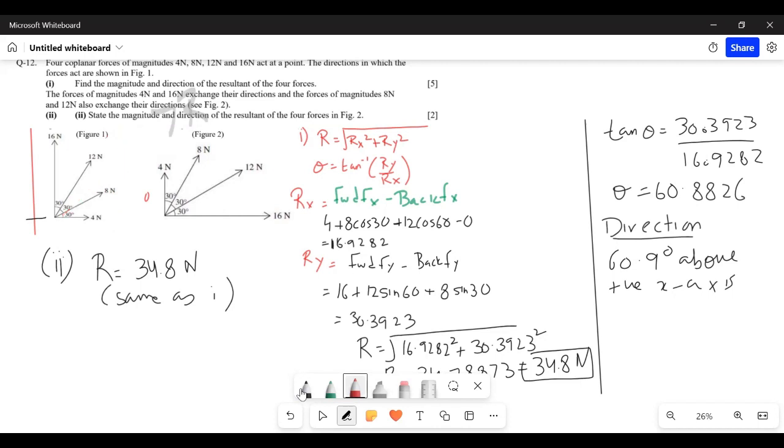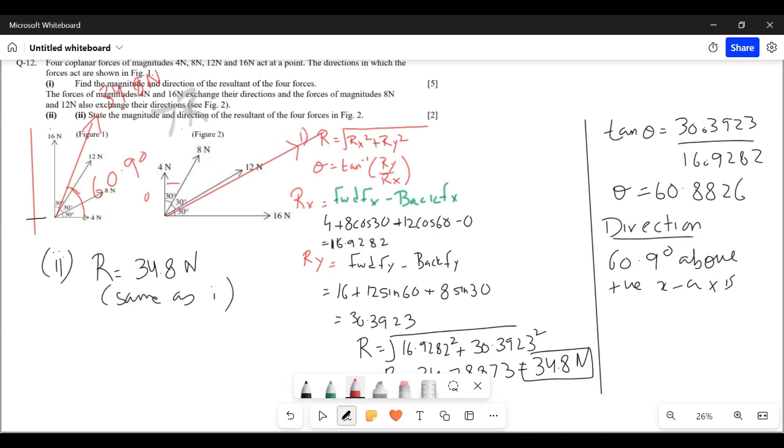Let me draw R again. It will be somewhere here, since 60.9 is bigger than 60. So somewhere over here. This is 60.9 degrees. And the magnitude is 34.8 newtons. Notice that this 60.9 degrees was being made with the 4 Newton force. So now also the 60.9 degrees will be made with the 4 Newton force. So now it's going to be in this direction, 60.9 degrees.